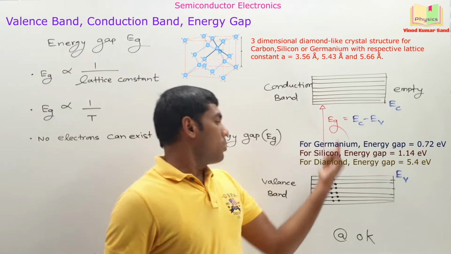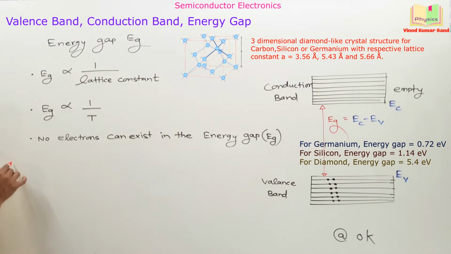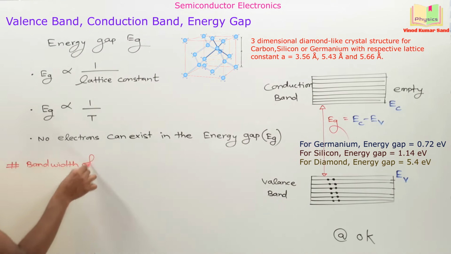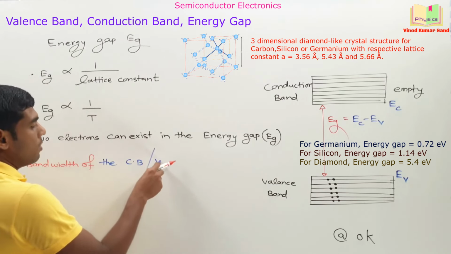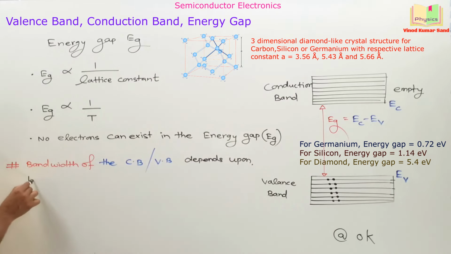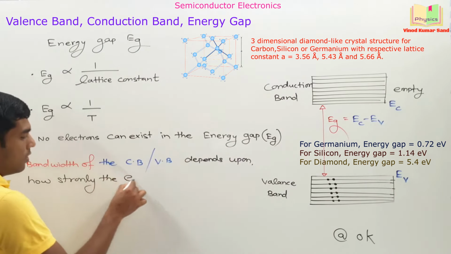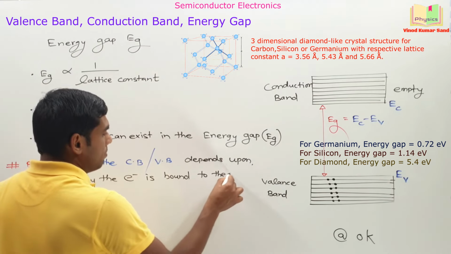Now let's talk about the bandwidth of the valence band and the conduction band. The bandwidth of the conduction band or valence band depends upon how strongly the electron is bound to the atom.